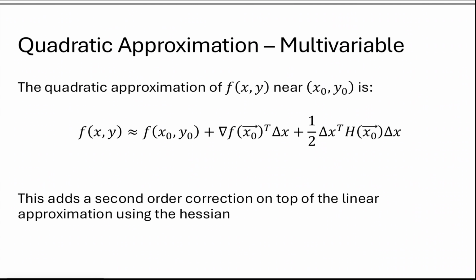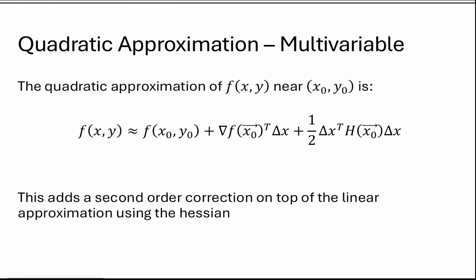Cool. Now, the Hessian links to quadratic approximation. That is because the formula to find the quadratic approximation of a function of two variables x and y near some point x0 and y0 is this. So just like before, we are subbing this point into the function.